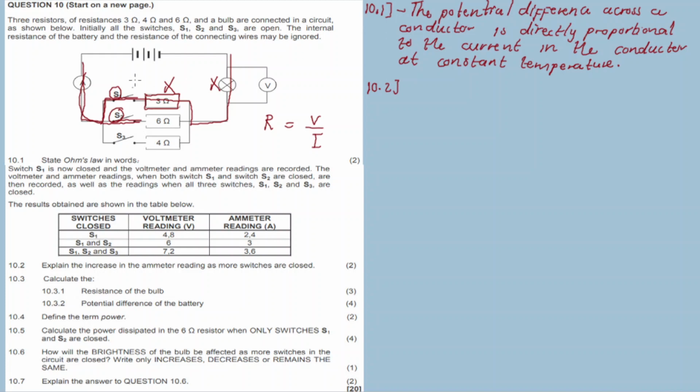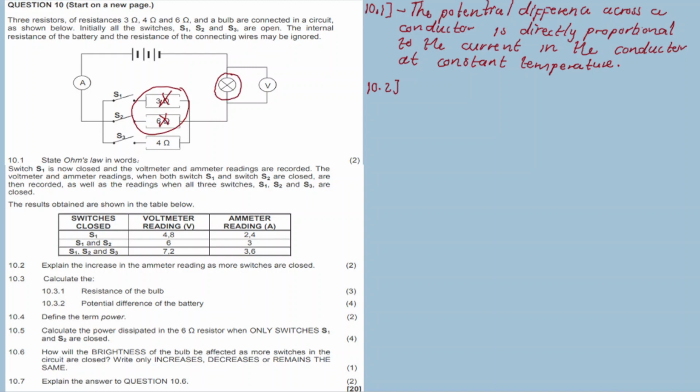Initially, when I closed switch 1, I had a series connection. When I closed switch 2, I got a parallel connection and a series connection. This bulb and this 3 and 6 are connected in series, but this 3 and 6 are connected in parallel. I hope it makes sense. This and this are in parallel, but this 3 and 6 are in series with this bulb.